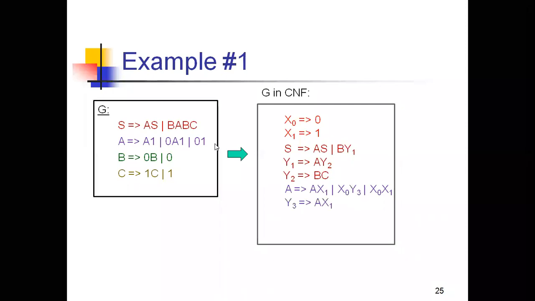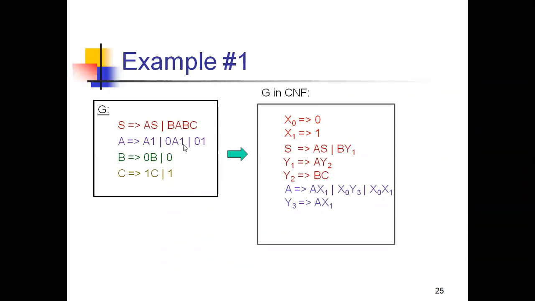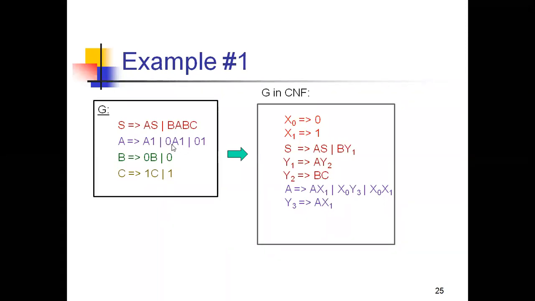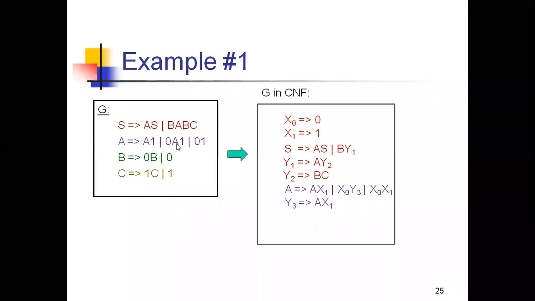And let's see what the Y3 is. A X1, I think you got it. Actually X0 A X1, because here we're having three variables but only two variables are acceptable. That's why I introduced a new variable Y3 for the A X1. Is it clear now? X0 X1.